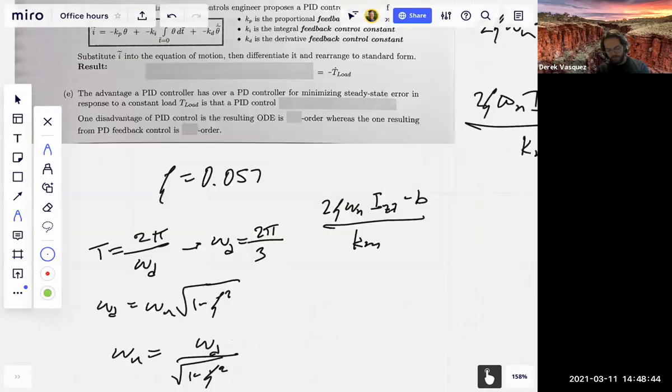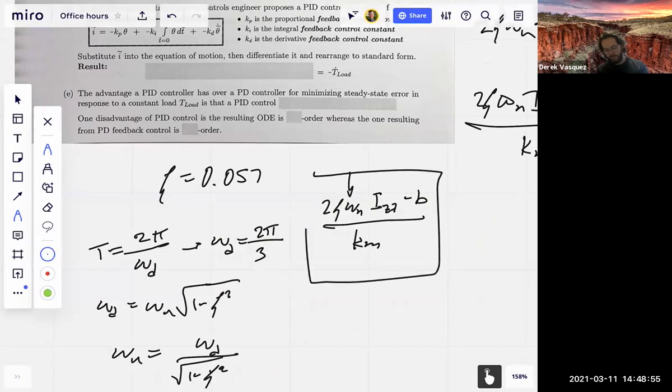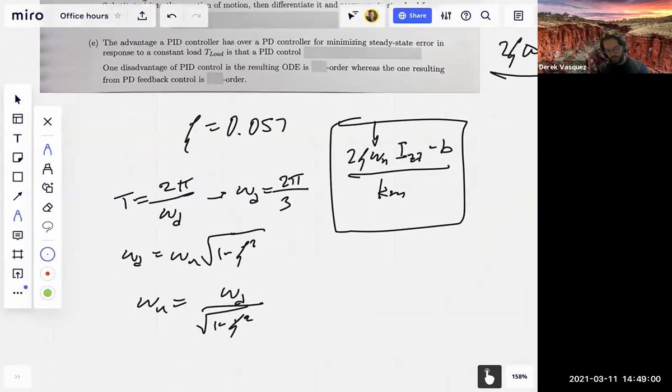Yeah, it's just that last step. Yeah, so this is my equation right here. It's 2 zeta omega n IZZ. So I know zeta is equal to 0.057. And omega n is equal to omega d over the square root of 1 minus zeta squared.